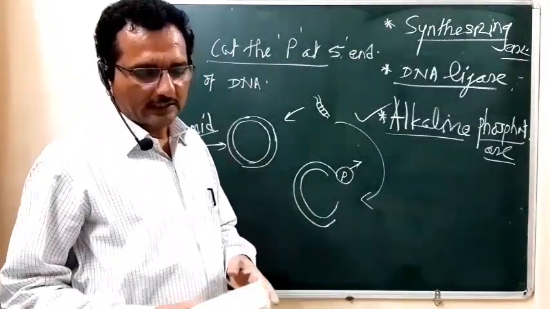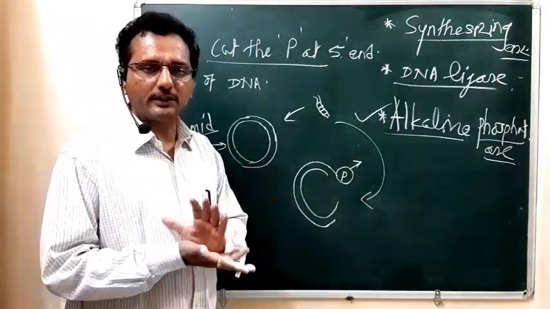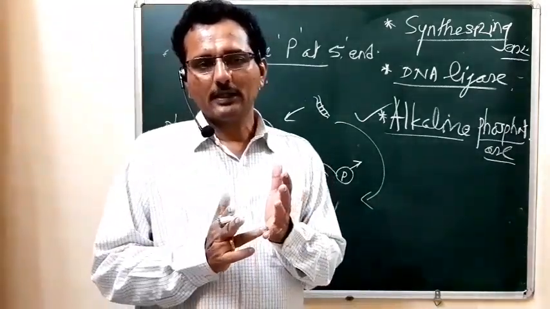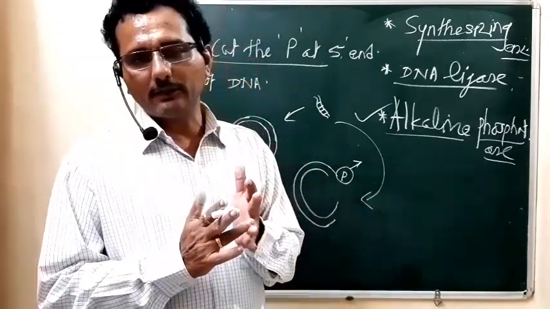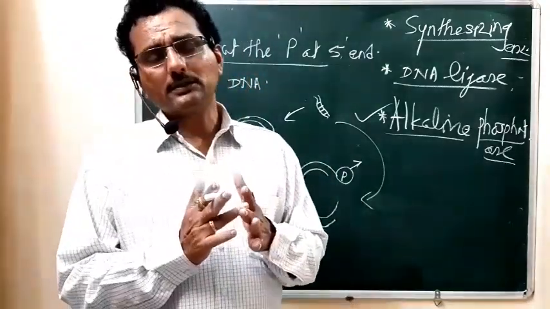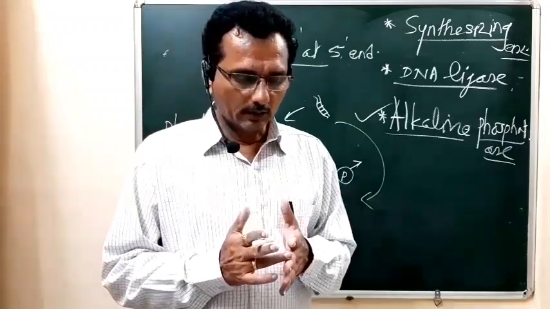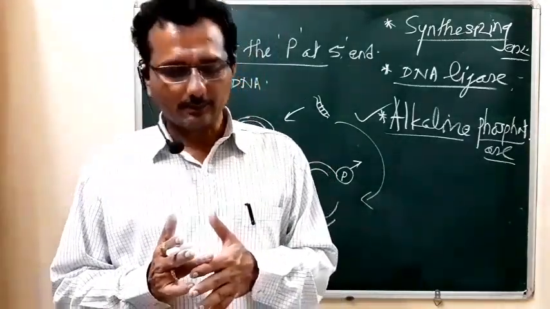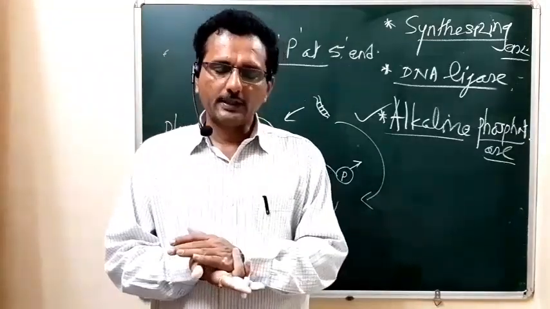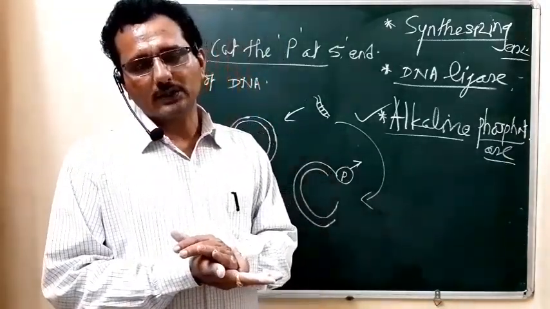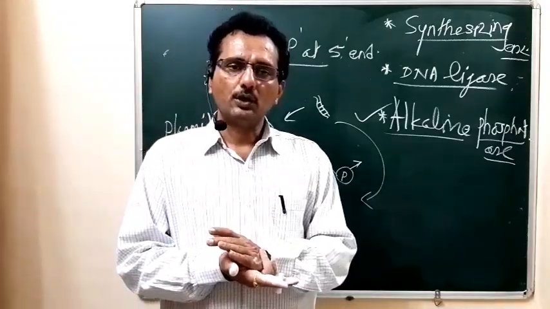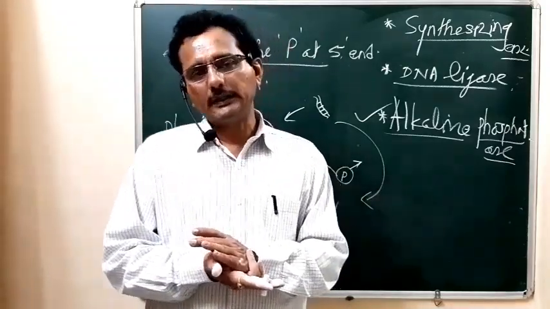So students, these are the 5 different categories of enzyme. The first one is the lysing enzyme. The second type is the cleaving enzyme. The third type is the synthesizing enzyme. The fourth type is the joining enzyme, the DNA ligase. And the fifth type is the alkaline phosphatase enzyme. All these enzymes come under the tools used in our DNA technology.